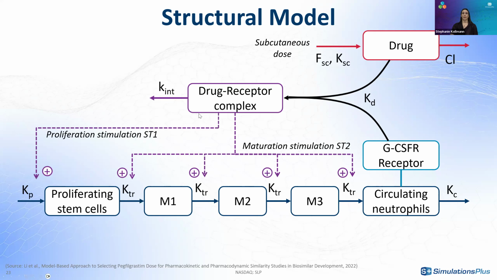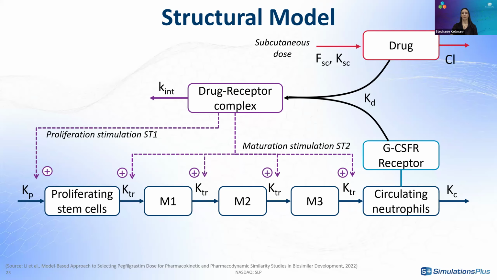The fraction of receptor which is bound to the drug is assumed to feed back into the PD part of the model by increasing either proliferation or maturation of the neutrophils. So there is thus an interplay between the PK and the PD.